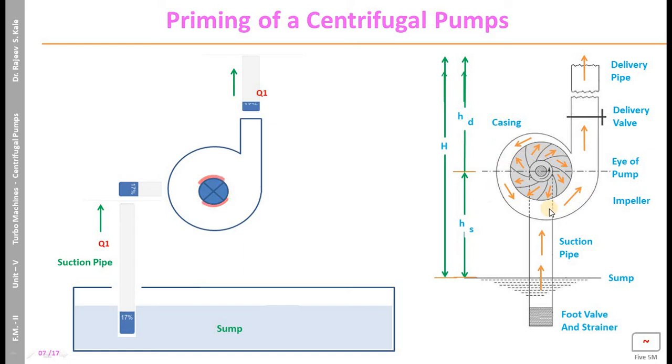Then only the suction lift will start and water will take the action and it will transfer to the required height. So the process of filling this liquid in the pump up to the delivery valve is known as priming.